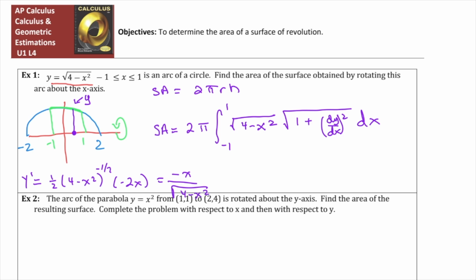All right, so once we have that, we will square it, substitute it in, and our surface area is 2 pi, the integral from -1 to 1, multiplying 4 minus x squared, add 1 to this function, and simplify. Once we simplify, we're going to end up with 2 over the square root of 4 minus x squared dx. And that should be very easy for you to integrate.